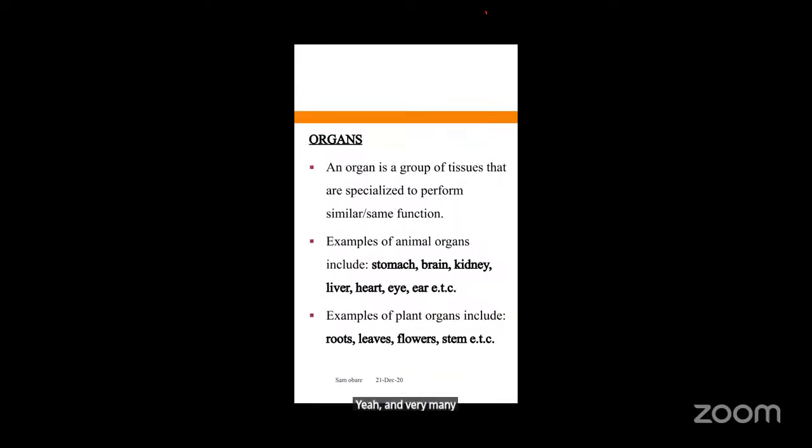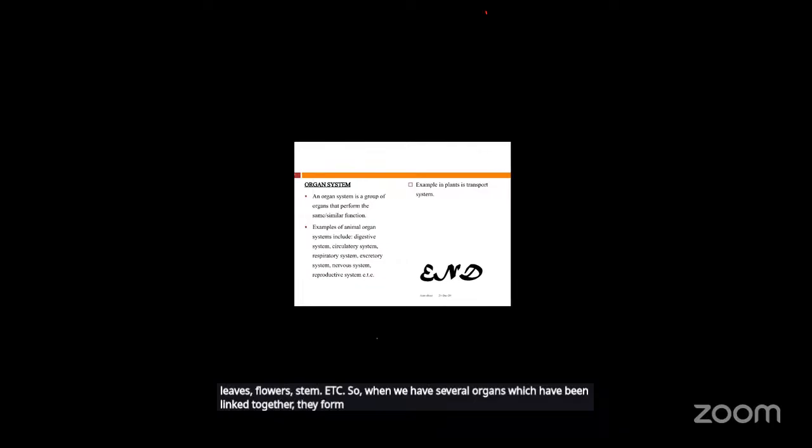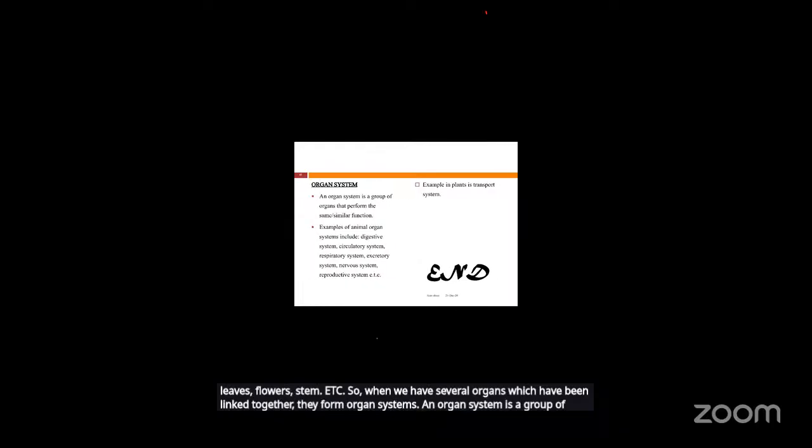In plants, examples of organs include roots, leaves, flowers, stem, etc. So when we have several organs which have been grouped together, they form organ systems. An organ system is a group of organs that perform the same or similar function.